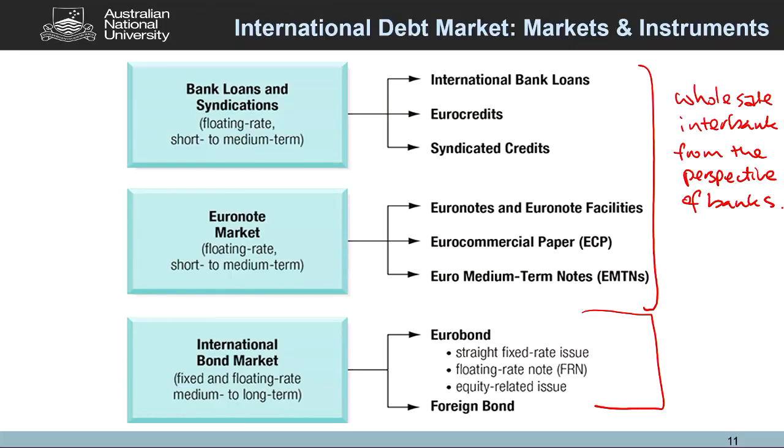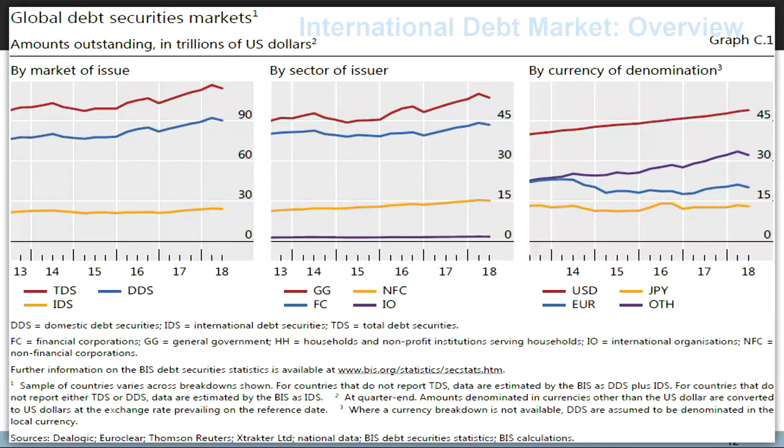So in general, the international bond markets are just a bit longer in terms of maturity, and they also pay coupons, typically, if they are established. So these are some of the market statistics in terms of the international debt market. That includes both the bank loans instruments as well as the bond instruments.